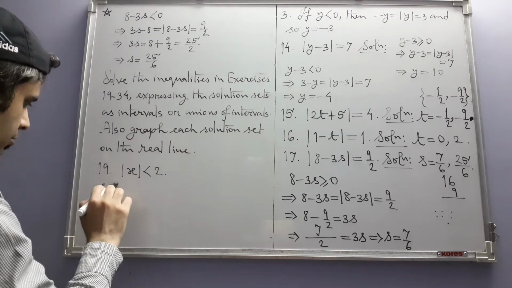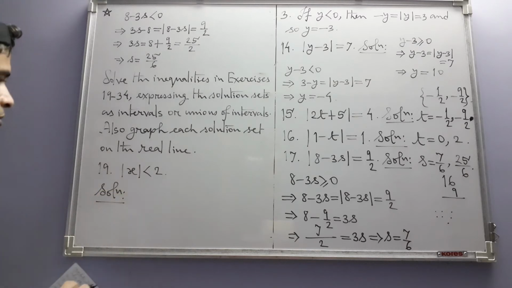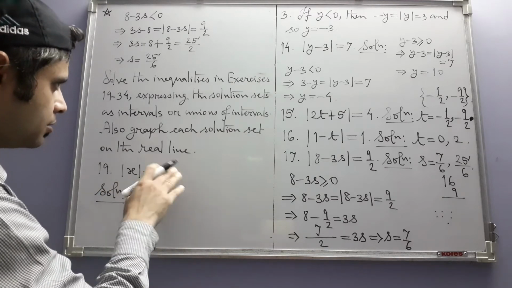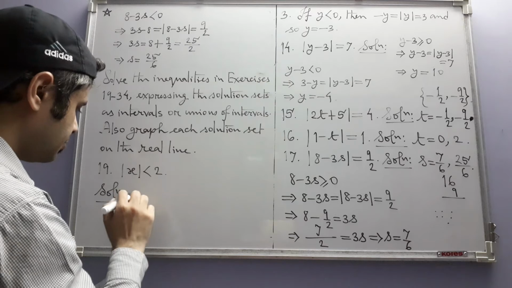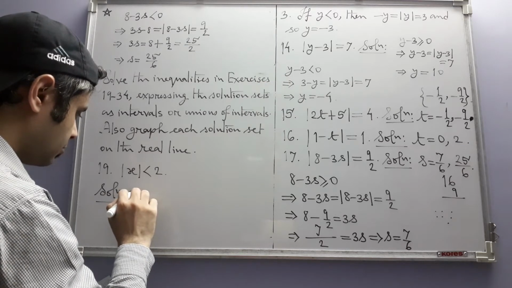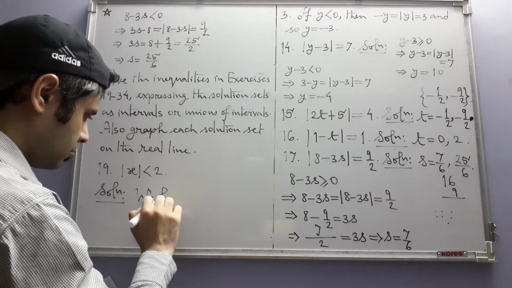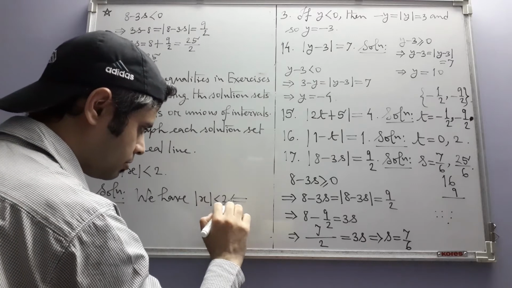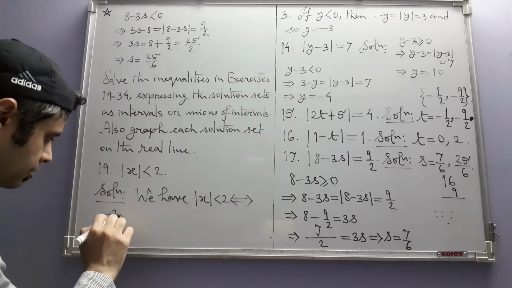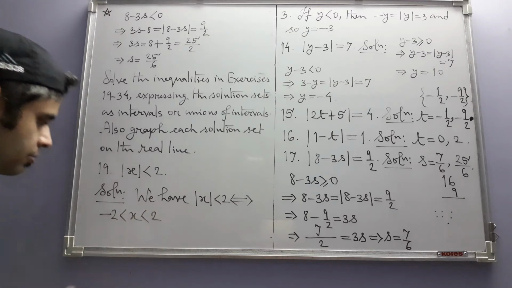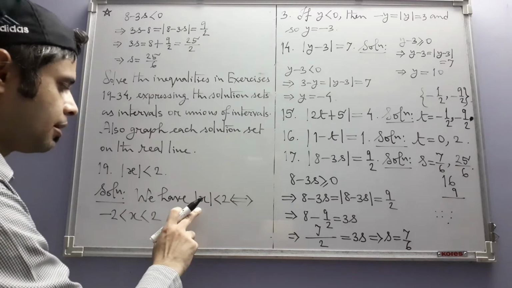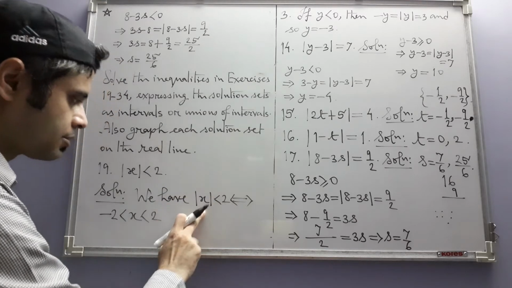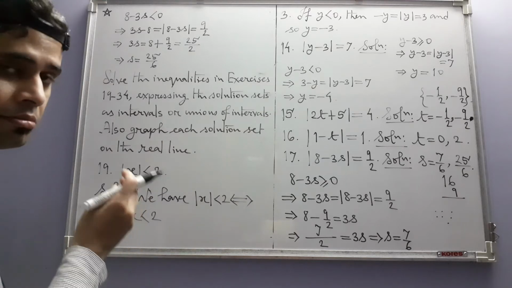This one is easy. We already know from some arguments that we have gone through in the text that this inequality is equivalent to these inequalities, where we are using the fact that this represents the distance of the real number x from the real number 0.